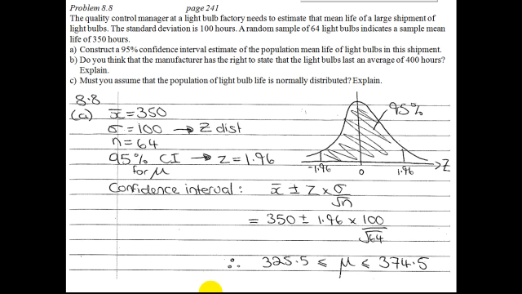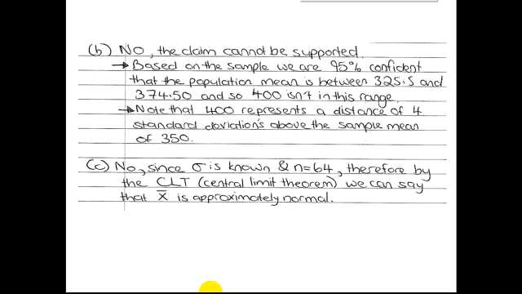374.5 hours. Now, in part B, we're asked whether we think that the manufacturer has the right to state that light bulbs last an average of 400 hours. So, what do we think about that? Let's just talk about it for a moment.